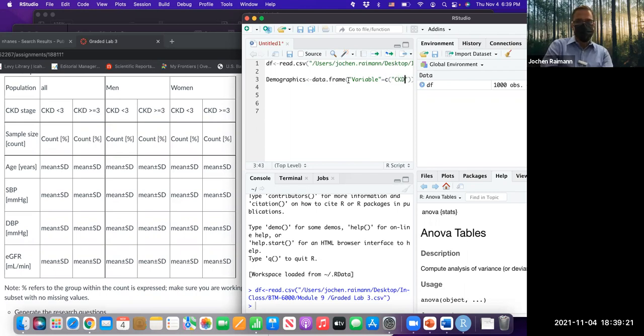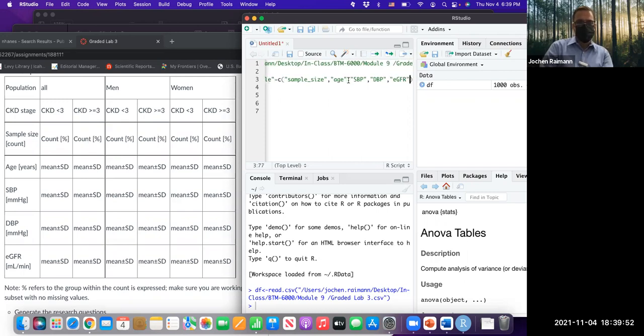So we do CKD stage. No, we don't need CKD stage. Let's do sample size. Then we do comma age, comma SPP, comma DPP, comma eGFR.